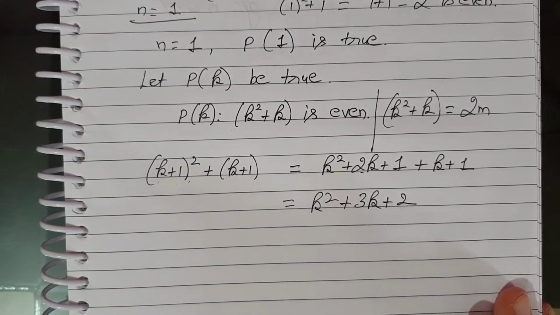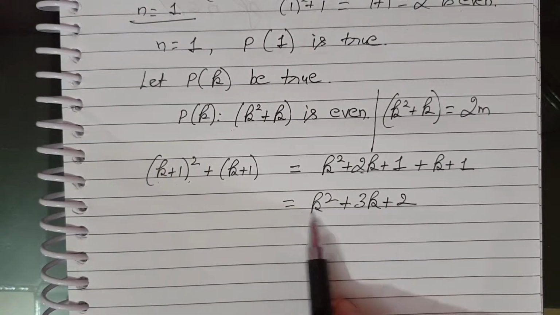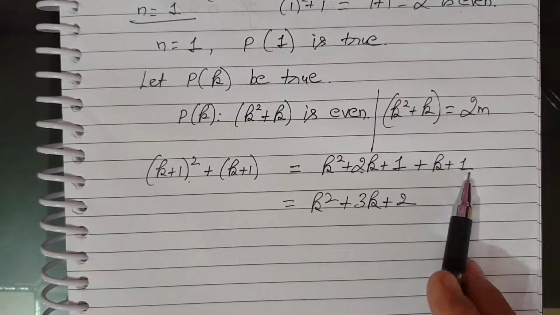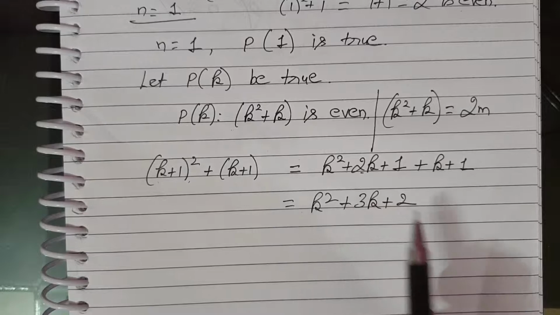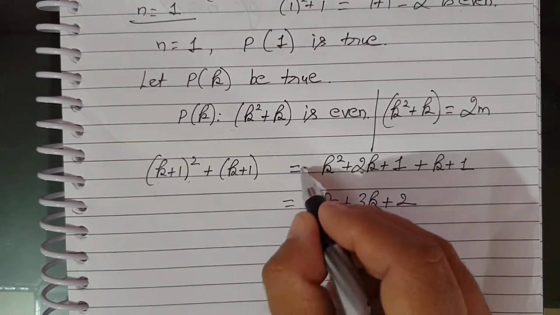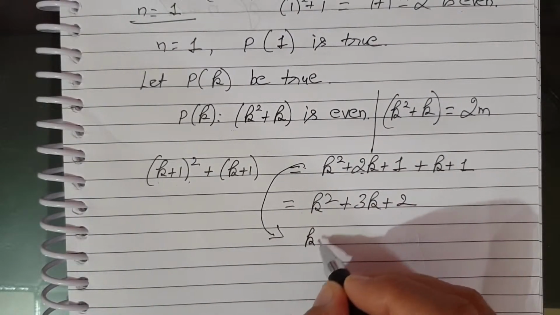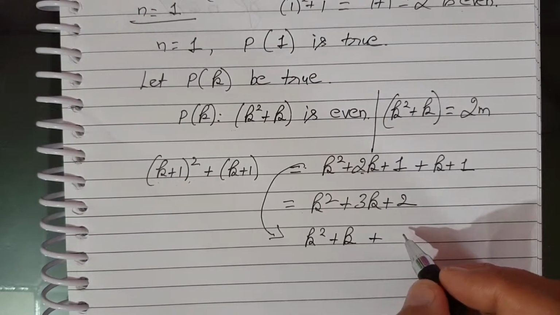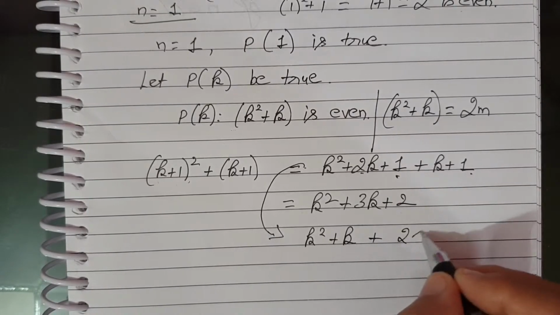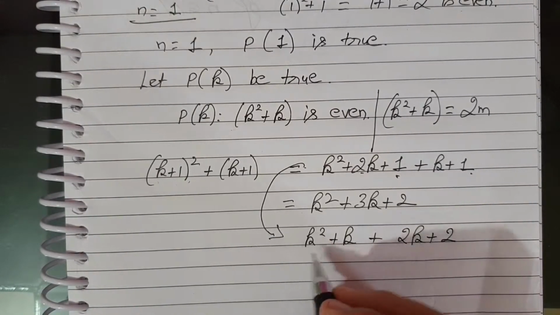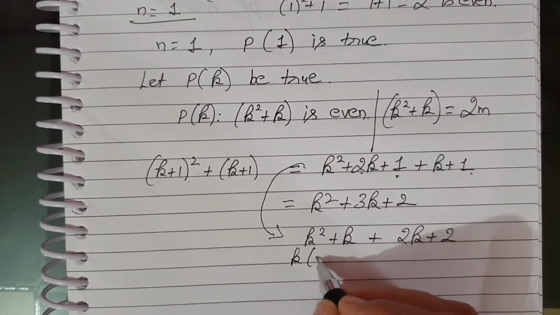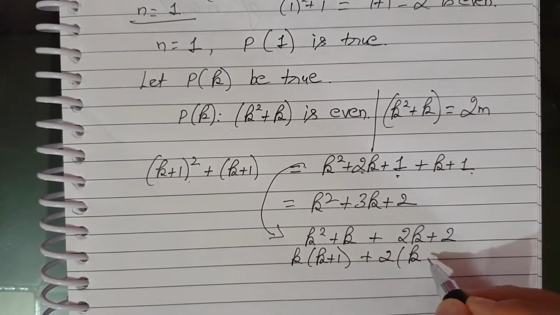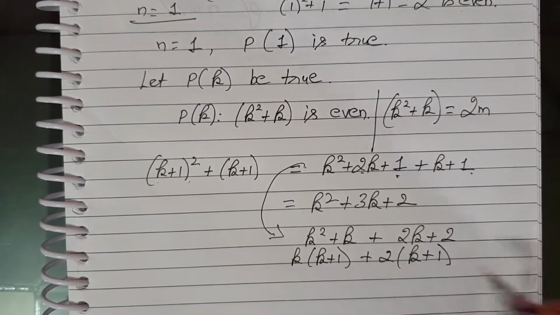So now you can do the middle term splitting, otherwise you can just take this and rearrange it. Instead of doing the middle term splitting, I am taking this term only. So this will be k square plus k and plus 2k plus 2. So you can take k common, this will become k plus 1, plus 2 common, this will make it k plus 1.